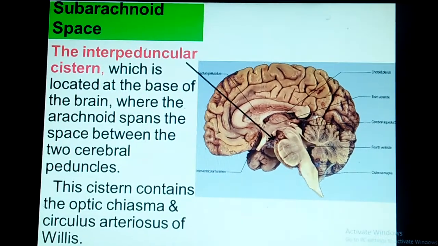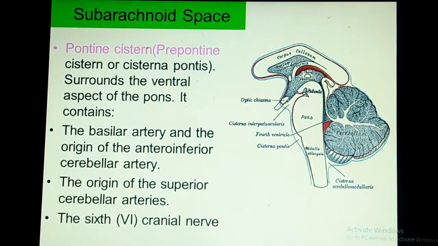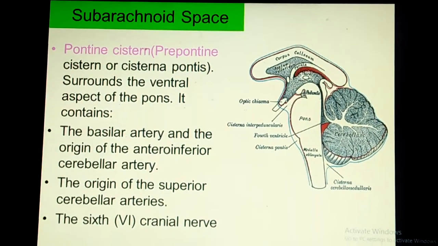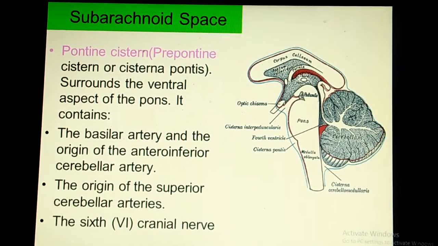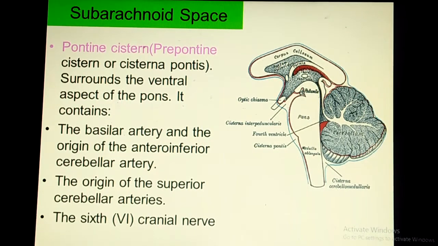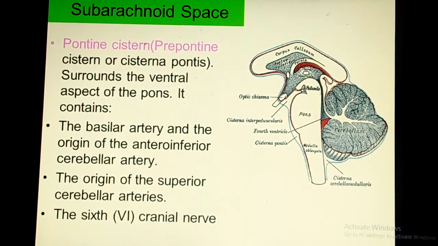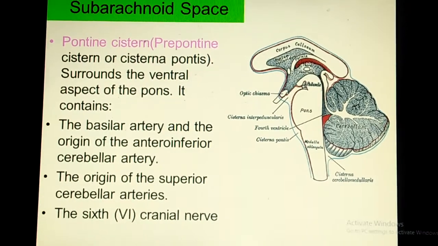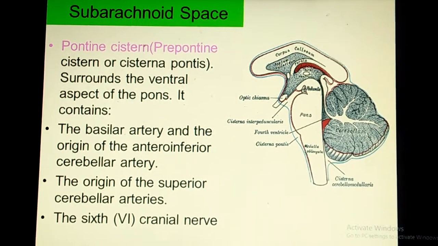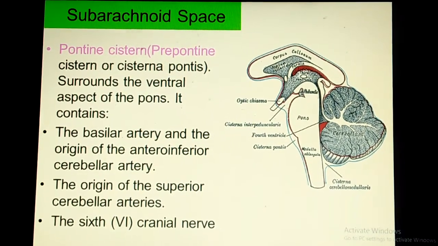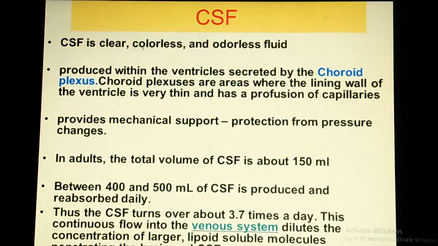Then the prepontine cistern or cisterna pontis surrounds the ventral aspect of the pons. It contains the basilar artery, the origin of the anteroinferior cerebellar artery, the origin of the superior cerebellar artery, and the sixth cranial nerve.